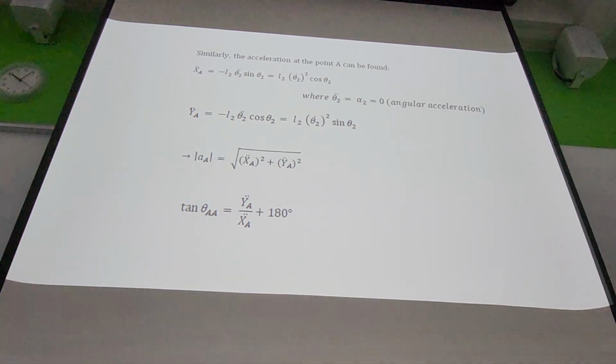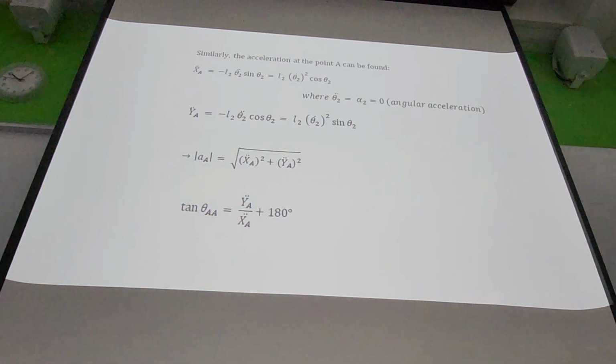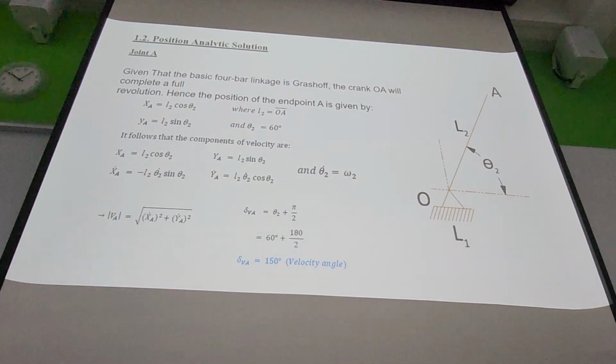Similarly y double dot A. Then acceleration A is the square root of the sum of the squares of x double dot A and y double dot A. Then the orientation angle of the acceleration A you can find from this. So that is for point A. For point A, using these equations, you can calculate analytically.